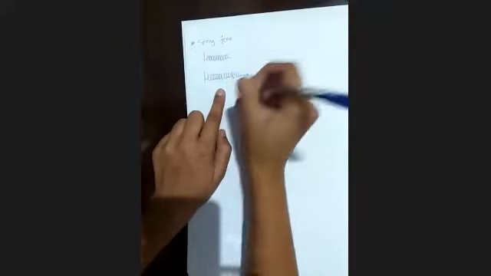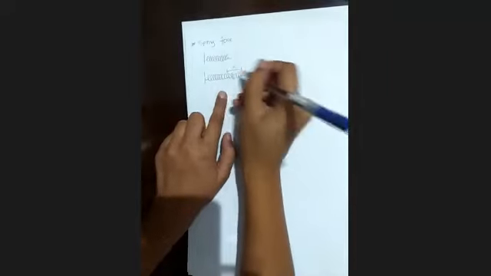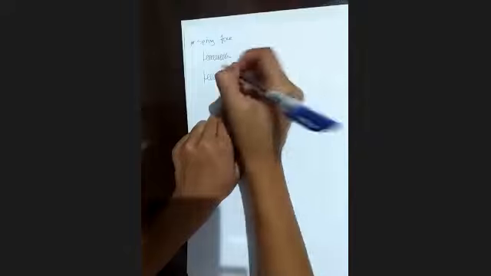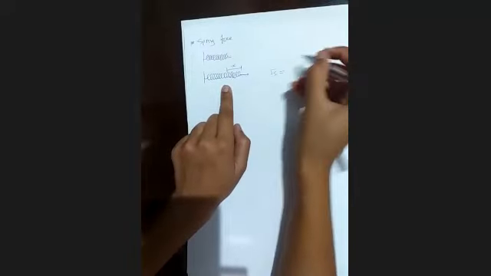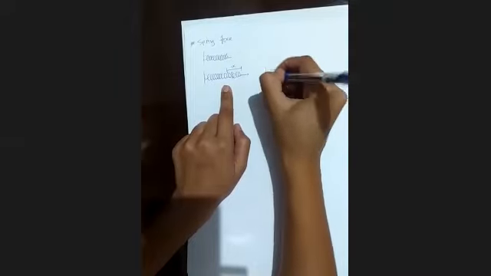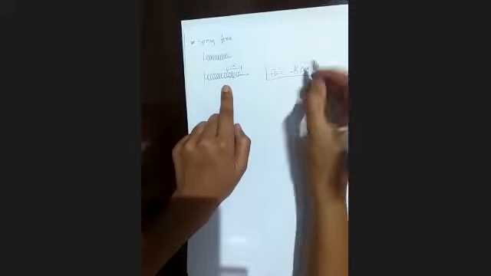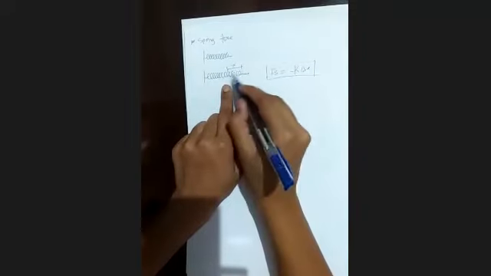This is the original and this is after stretching. So the spring force is generated here. The formula is Fs equals minus k delta x, where k is the spring constant and delta x is the change in length of the spring.